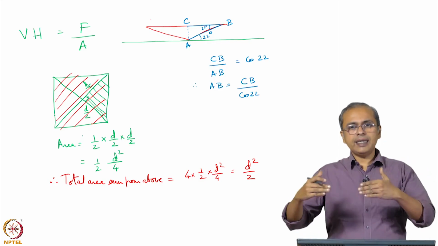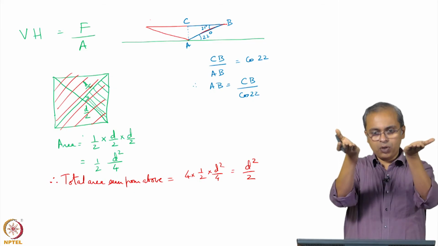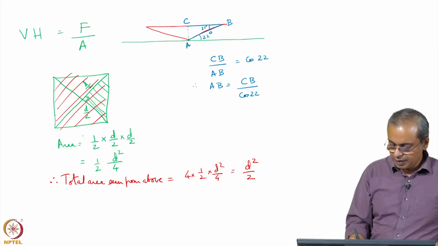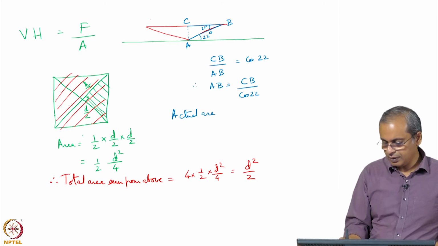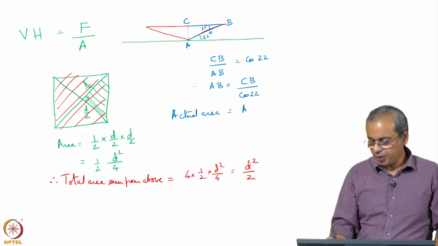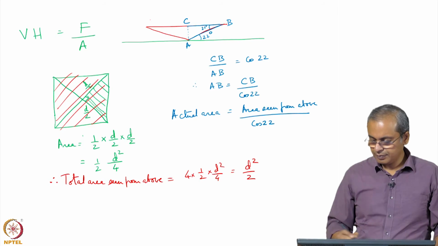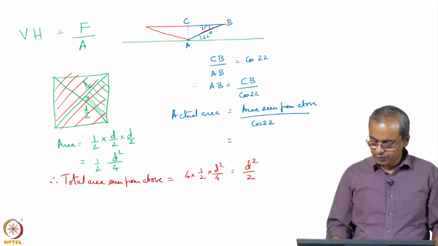So, that is a linear dimension, same thing will happen for the area. So, for the area, if you take the area flat and you want to see its projection at a 22-degree angle, the actual area equals the area seen from above divided by cos 22. Okay. So, therefore, actual area equals d square by 2 cos 22.